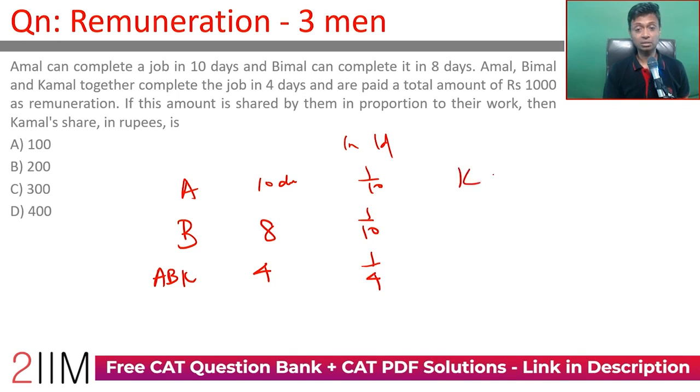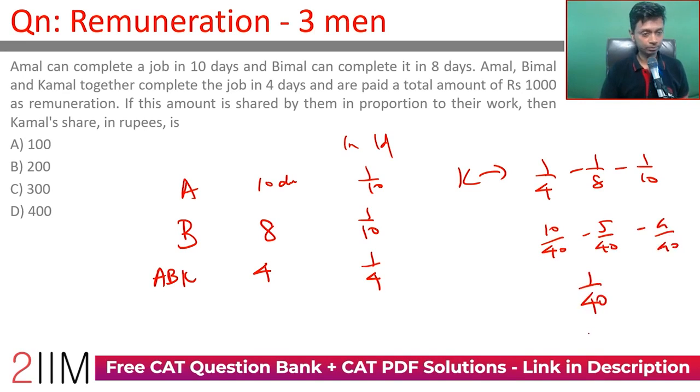Or Kamal, right, in 1 day can do 1/4 minus 1/8 minus 1/10, or 10/40 minus 5/40 minus 4/40. LCM is 40, which is 1/40. Fine. So Kamal will take 40 days to finish the task.